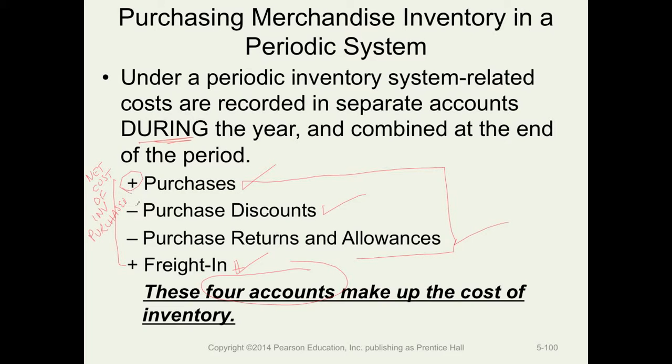So that's purchases minus purchase discounts, purchase returns and allowances, and we add freight. The negative items here, purchase discounts and purchase returns and allowances, are called contra purchase accounts.